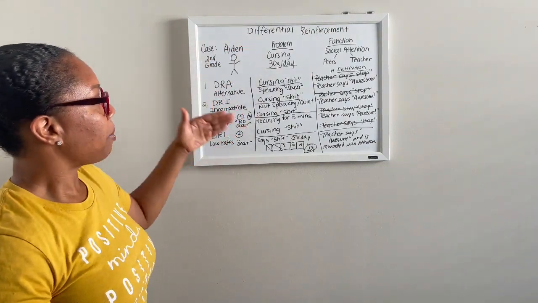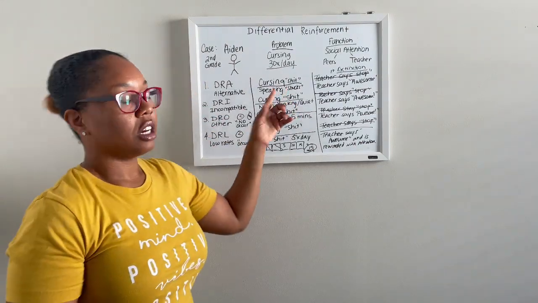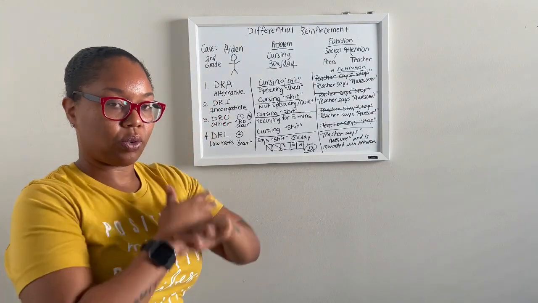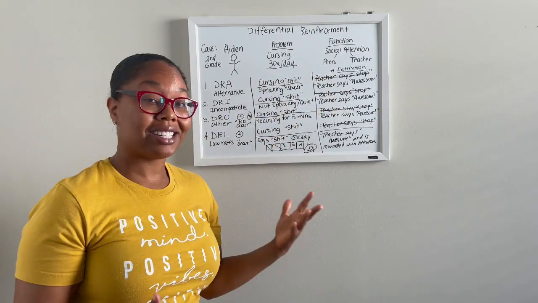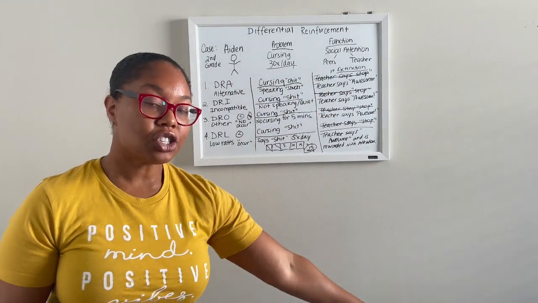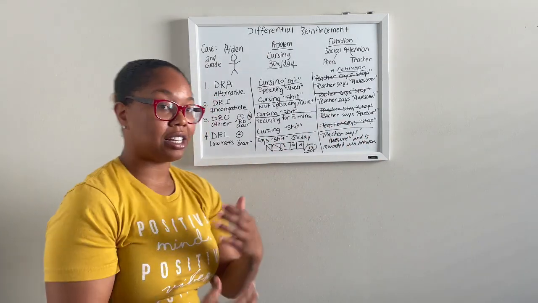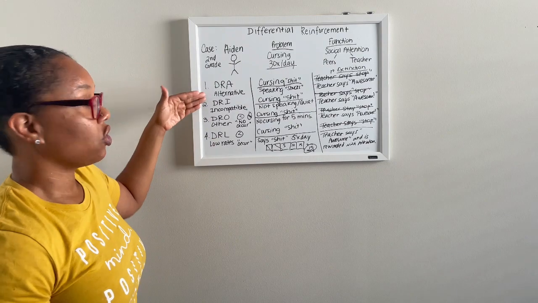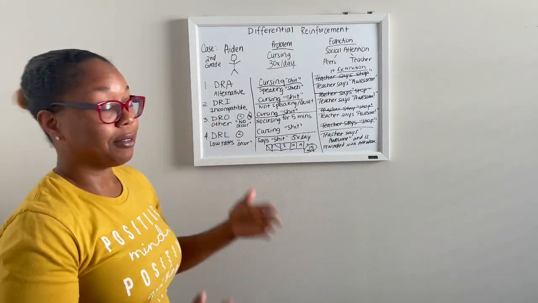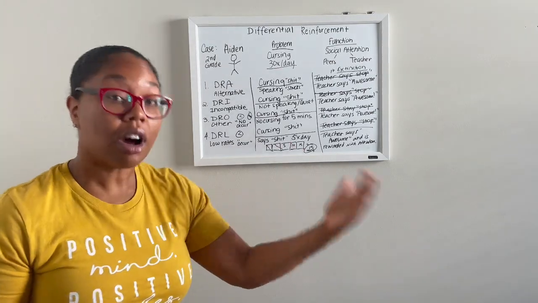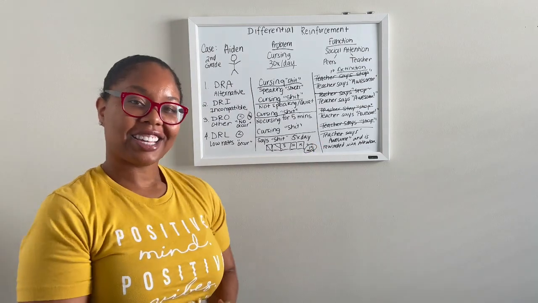And we do that by making sure that with each procedure, the undesired behavior, the behavior we want to get rid of, the problem behavior, behavior of interest, is put on extinction by us minimizing attention to it and no longer reinforcing it, while simultaneously we are reinforcing either an alternative behavior, an incompatible behavior, the behavior not occurring at a certain time, or the behavior occurring at low rates. And that's how we do that.